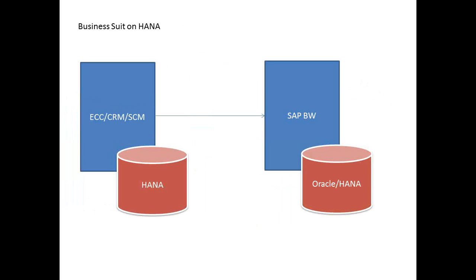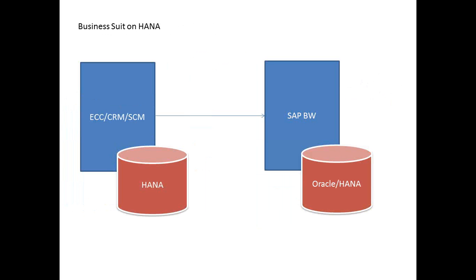See, the migration part is a separate part. There are some steps to be considered when you are migrating from ECC Oracle to ECC HANA, because there are so many ABAP routines that you maintain, so many objects that you created with ABAP. When you are migrating to HANA, the syntax also will be changed. That is called ABAP on HANA.